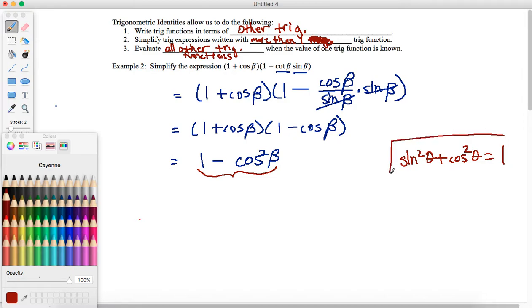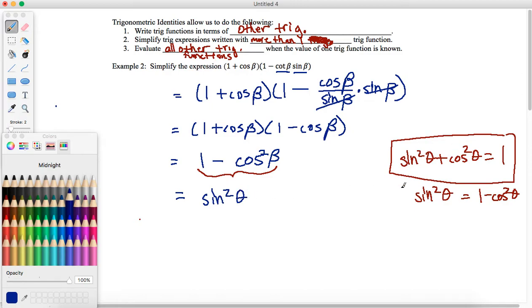Since I have a 1, a sine squared, and a cosine squared here, if I subtract cosine squared of theta from both sides, I'd see that sine squared of theta is the same thing as 1 minus cosine squared of theta. And so this expression here is the exact same thing as sine squared of theta. So it's like me using my Pythagorean identity, but writing it in a form that I can make useful for an expression that I can see.